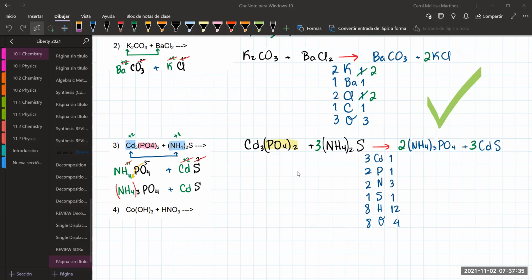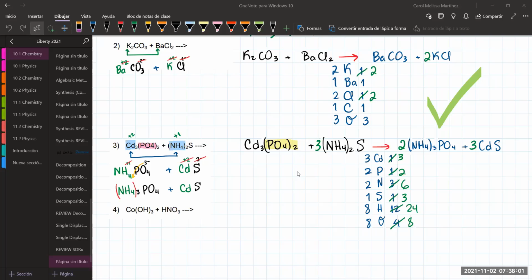It helps me. So I have 3 cadmiums. Now I have 2 phosphorus. Now I have 6 nitrogens. Now I have 3. Now I have 24 hydrogens, and oxygen is going to be 28.